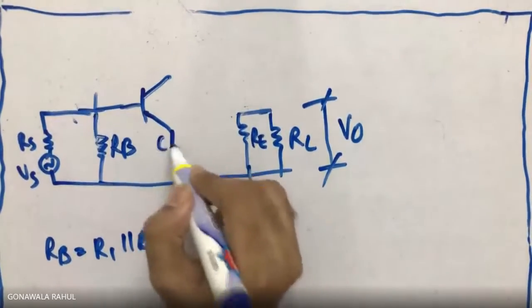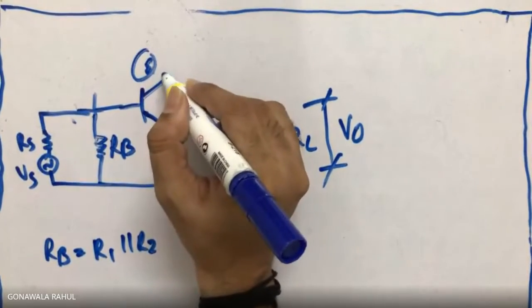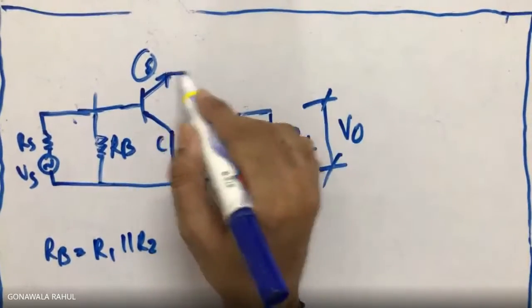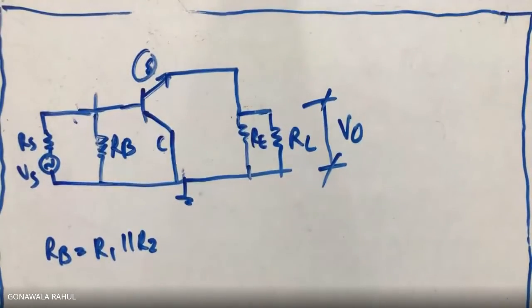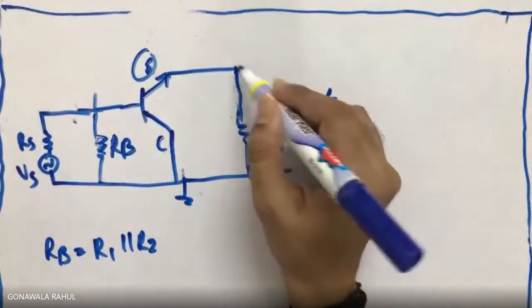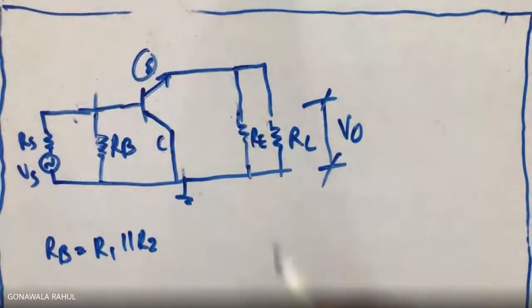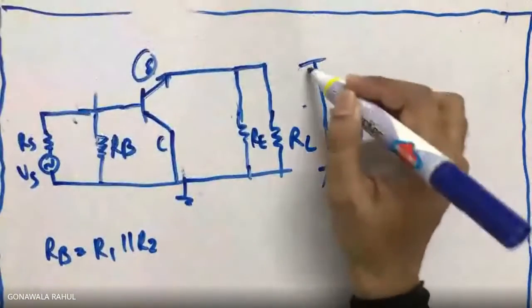This is now my collector terminal, and at the emitter terminal we have RE and then we have RL also. So I can draw it like this. For simplicity, RE and RL are parallel to each other, and across these I am getting the output.